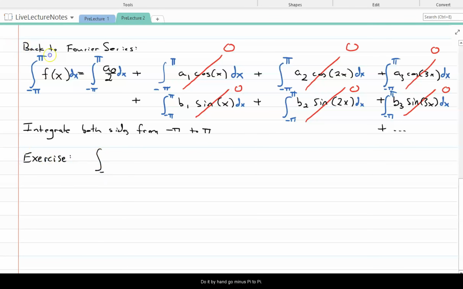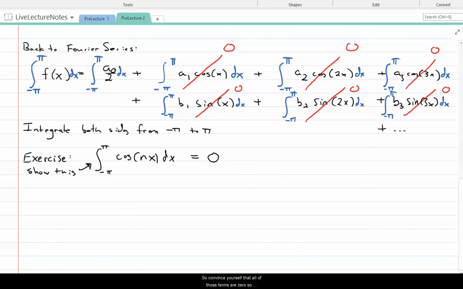Do it by hand. Go minus pi to pi, cosine of nx, let n be any number, dx. Just do the integral using your usual techniques that you learned in calc class, and show that it's equal to 0. And the same is true for sine. So convince yourself that all of those terms are 0.